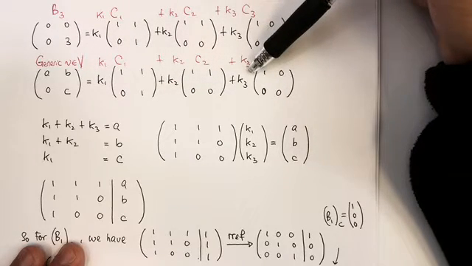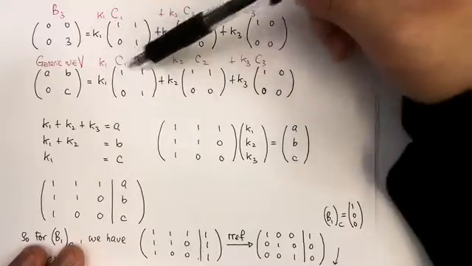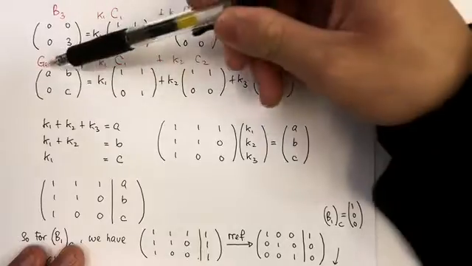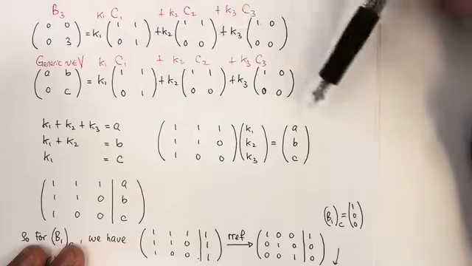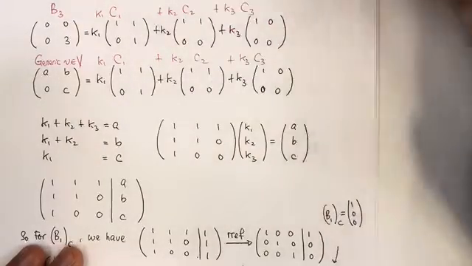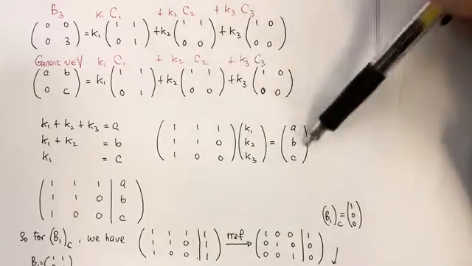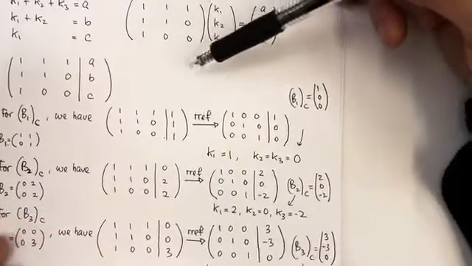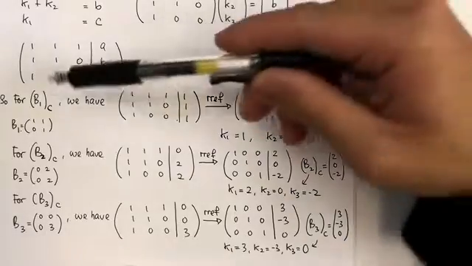It turns out this is equivalent to solving this system of equations. Taking the first component, K1, K2, K3 add up to a. Then you look at the second component and pick up the second equation, and then the third component gives you the third equation. So finding K1, K2, and K3 is equivalent to solving this system of equations. You can also put it in an augmented matrix, and then the rest is a very typical computation. So let's go back to the B1.